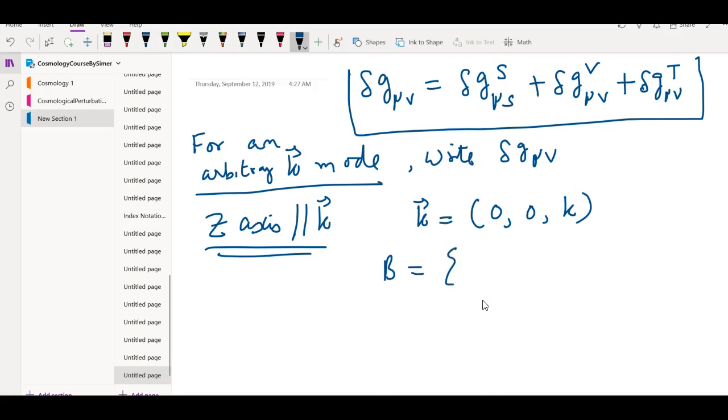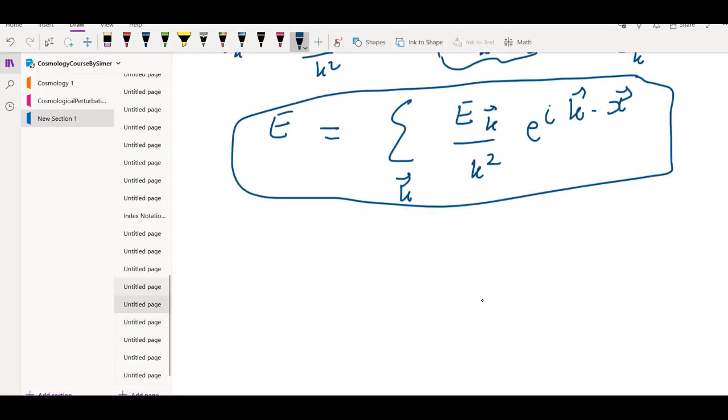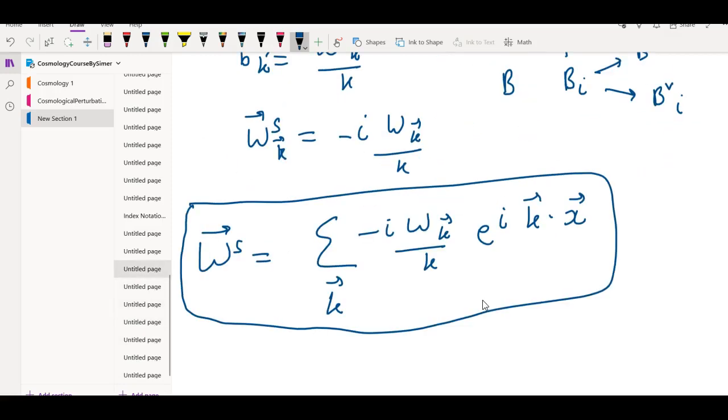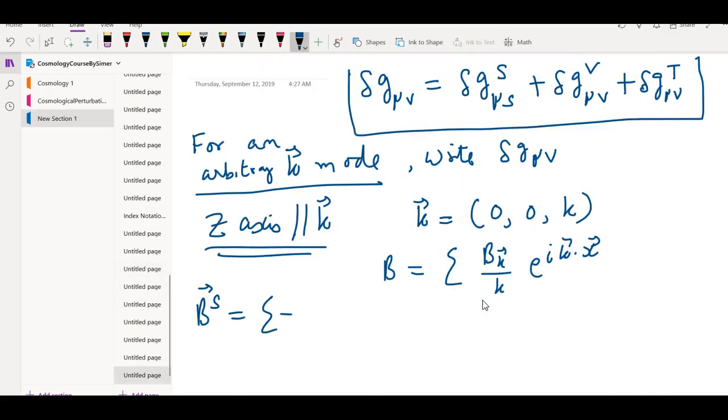And potential scalar and this curl free vector BS will be expanded according to this: minus i W_K over k, minus i B_K over k.